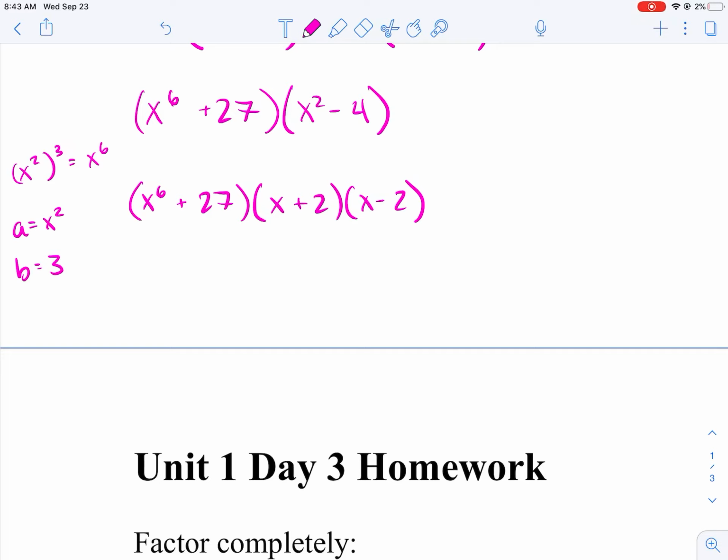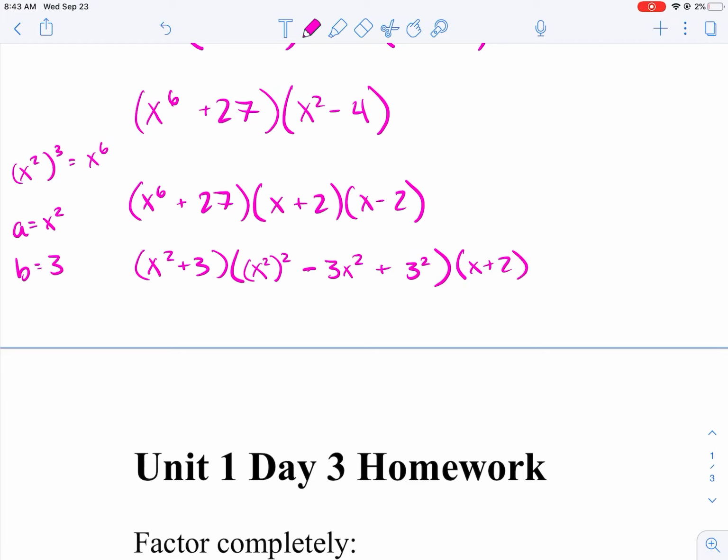Because this is a sum, I'm going to go (x squared plus 3). Then I'm going to go (x squared) squared minus 3x squared plus 3 squared. We'll simplify.